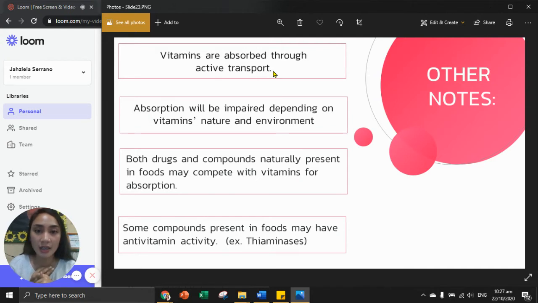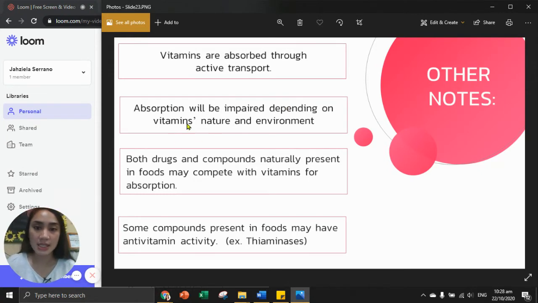However, in vitamins, yung active transport natin, you need a protein carrier. And of course, dito sa active transport, it's a movement of solutes from low concentration to high concentration. So, para ma-push in mo yon or ma-pull out from the concentration, you need energy or ATP. So, yun yung sa vitamins, yun yung way of how it is absorbed in the body.